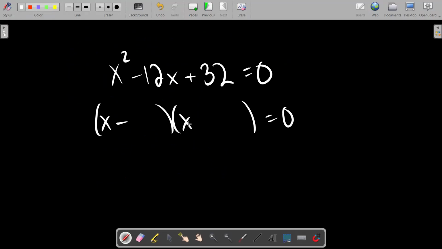I guess 2 minuses, right? Because they have to multiply to make 32, which is positive, but add to make negative. So that's the only way to make it work. What numbers have already come to your mind? Wow. 4 and 8, that shouldn't take that long. Okay. So if we have a 4 and an 8, they multiply to make 32.